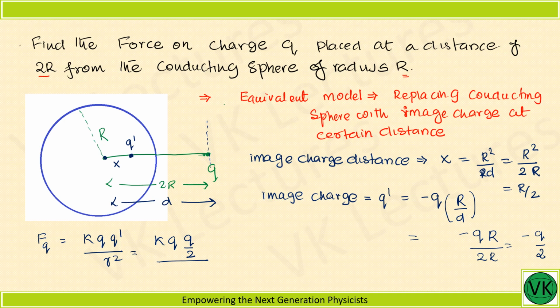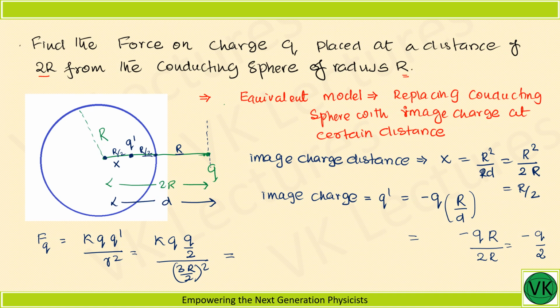The distance between q dash and q: x is R by 2, so the total distance is capital R plus R by 2, which is 3R by 2, whole squared.